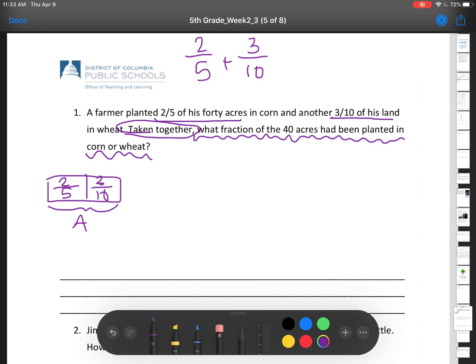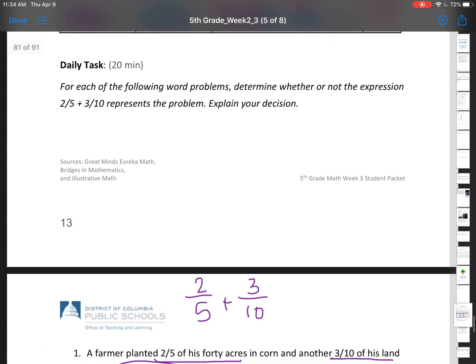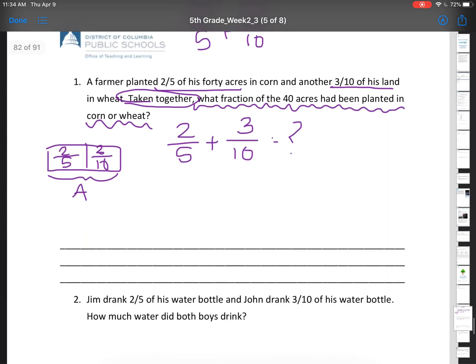So I can see, just looking at my tape diagram too, and after I've really read that problem and thought about how I would solve this, what it is asking me, what language it is using, I know that this does make sense, right? I would say 2/5 of the acres plus 3/10 of the acres, because it asked me what fraction had been planted altogether. All right. So yes, you could use this expression for this problem.